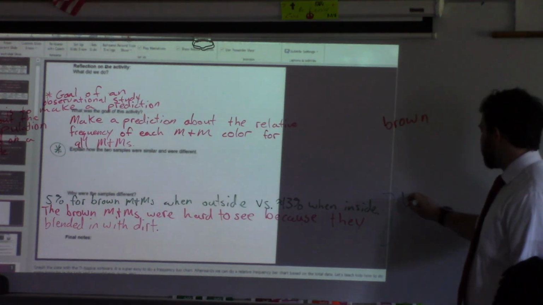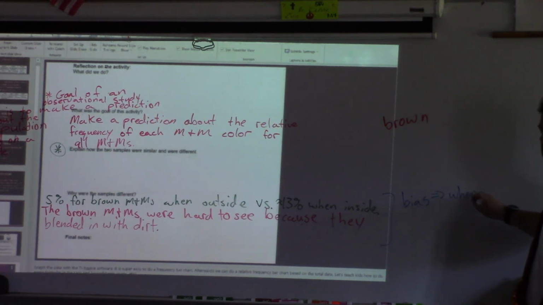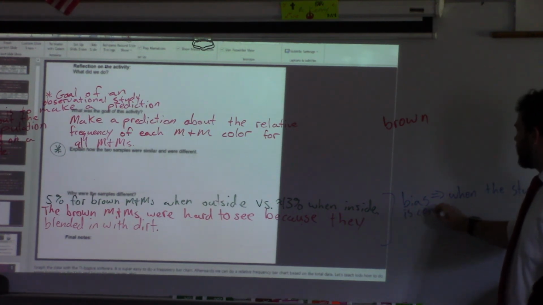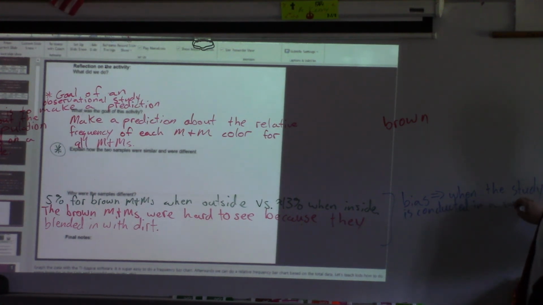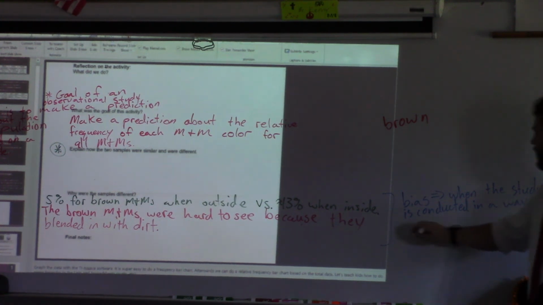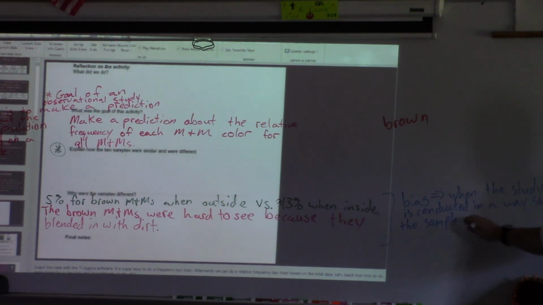So bias, that is when the study is conducted in a way so that the sample consistently misrepresents the population.